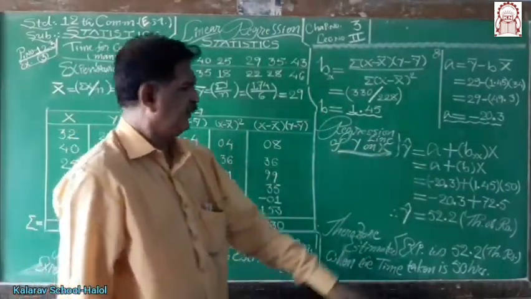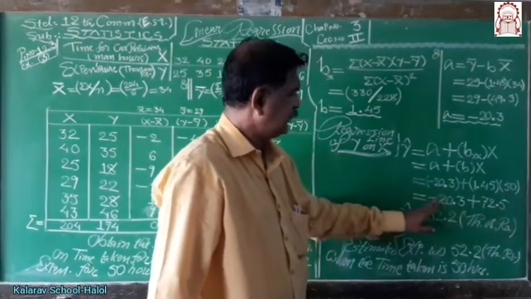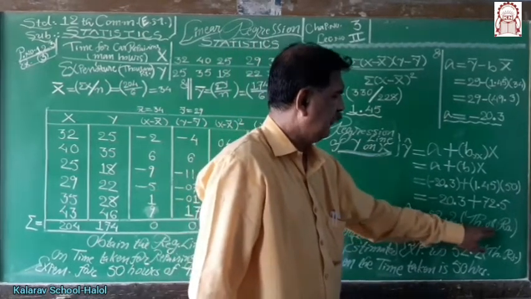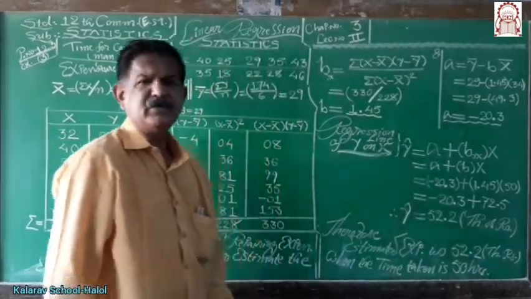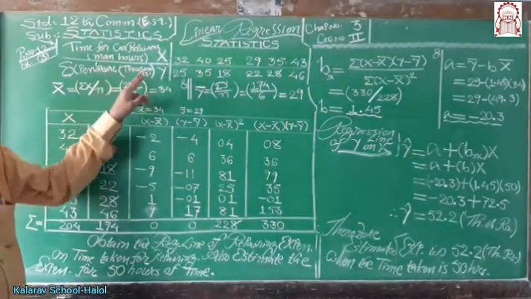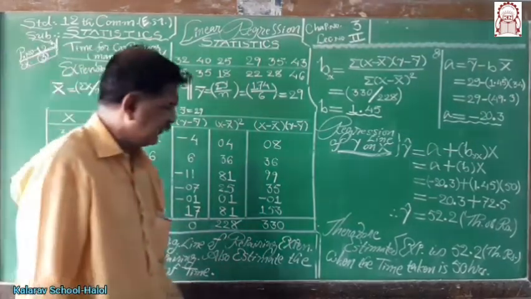Further simplification, multiplication of these two quantities, 72.5 minus 20.3, the answer becomes 52.2 in thousands of rupees. Thousands of rupees, because y is given in terms of thousands, sometimes lakh, etc. Whatever the unit given.